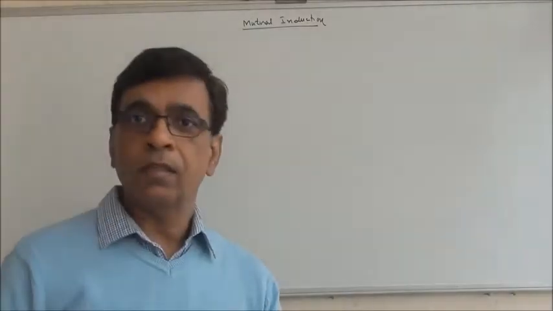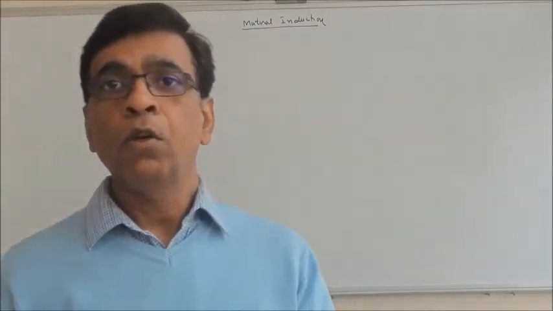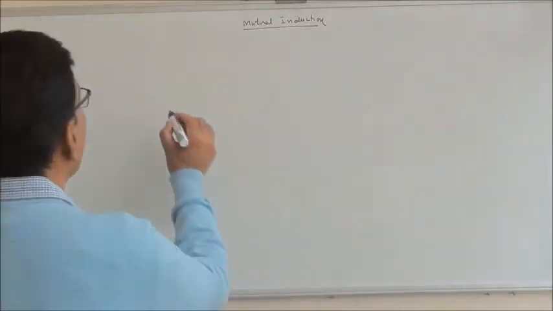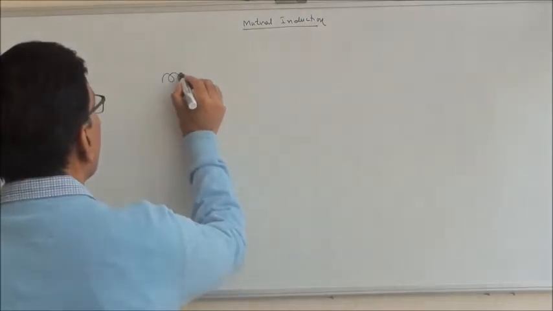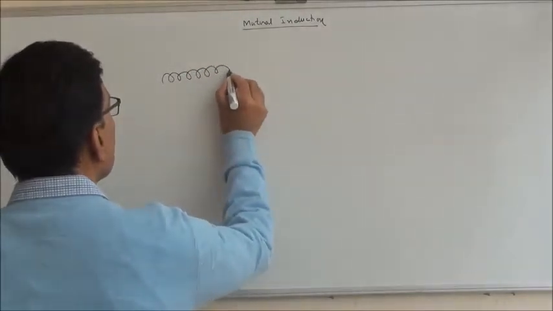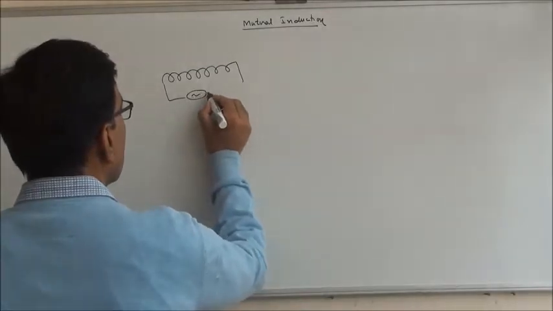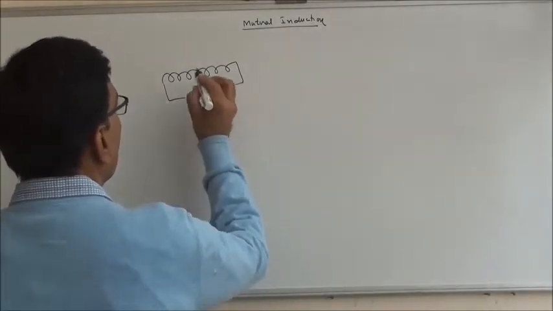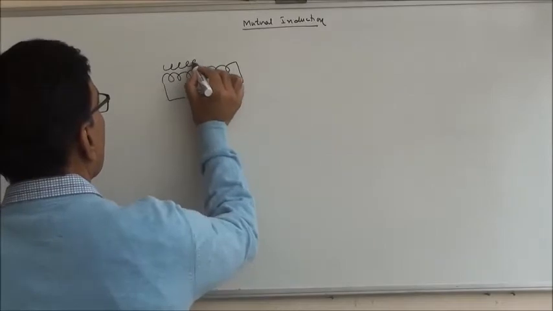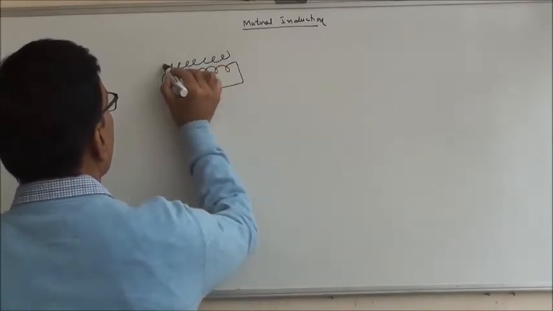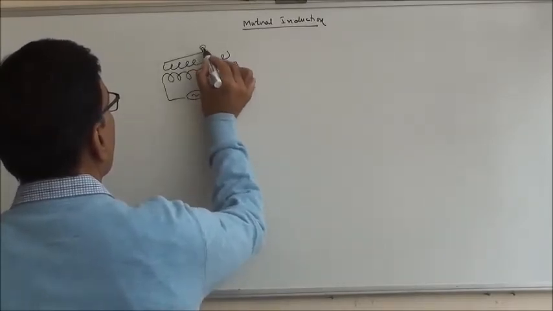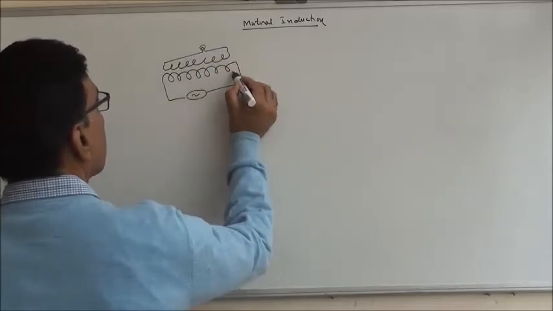So we have seen in this activity that there are two coils. One was connected to an AC source, and I brought another coil connected to a bulb.